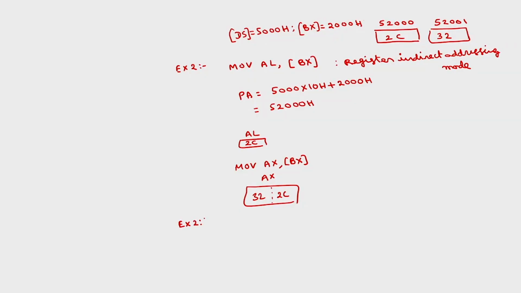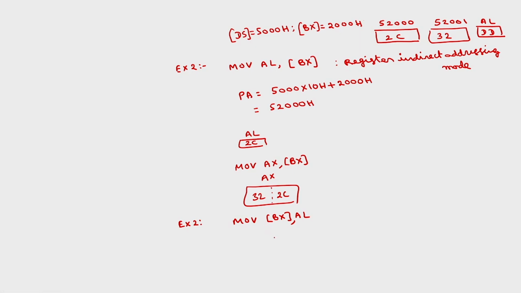In the same register indirect addressing mode, if I write something like MOV [BX], AL, assuming the same values of the data segment register and the other registers, and assuming AL contents is DDH, the physical address is 52000.